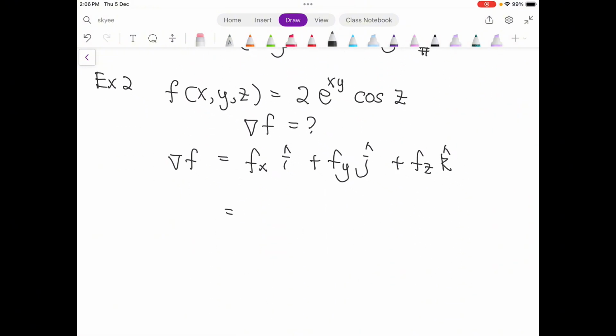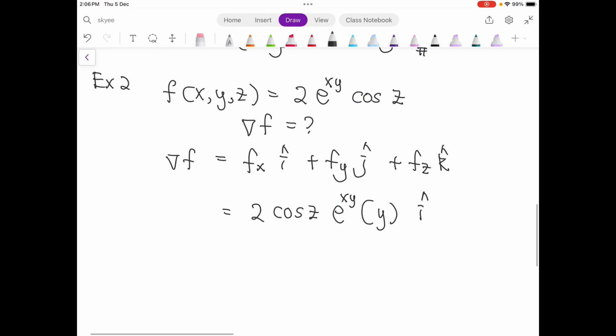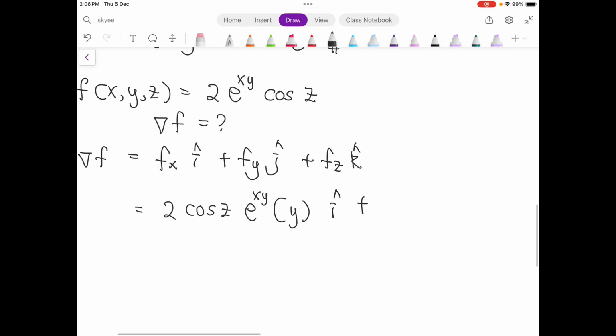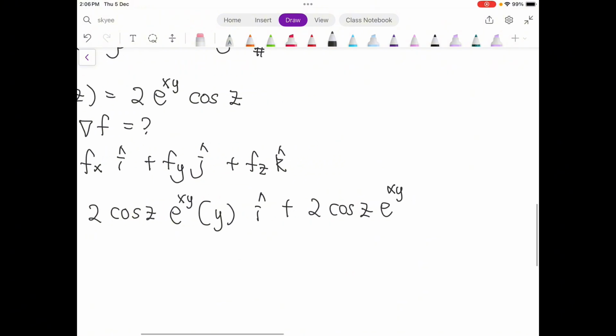Now I differentiate the function with respect to x. I have 2 cos z, which are constants, so I write them out, e to the power xy again, and differentiating with respect to x, I get y. This is my i term. Now I differentiate with respect to y. I have 2 cos z e to the power xy, and differentiating with respect to y, I have x.